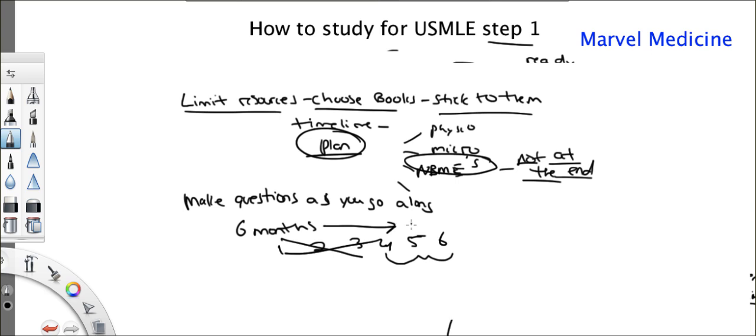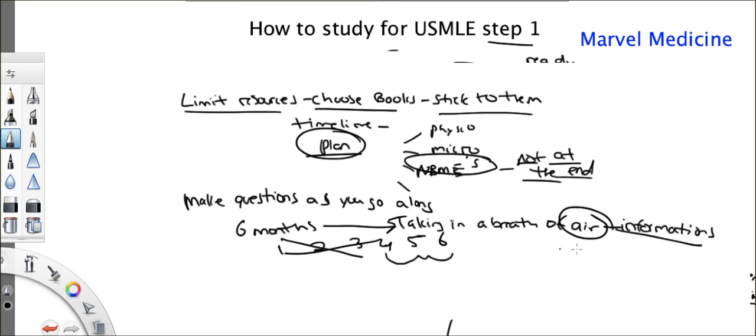So the analogy I like to use is that studying for Step 1 is taking in a breath of air. Think about it. You're taking in a breath of air. All that air is information, concepts, facts, different things.